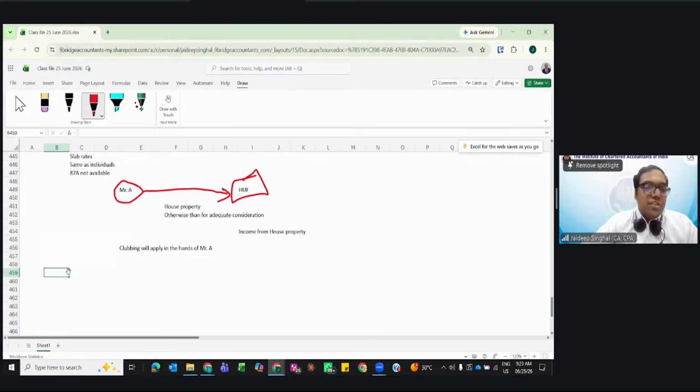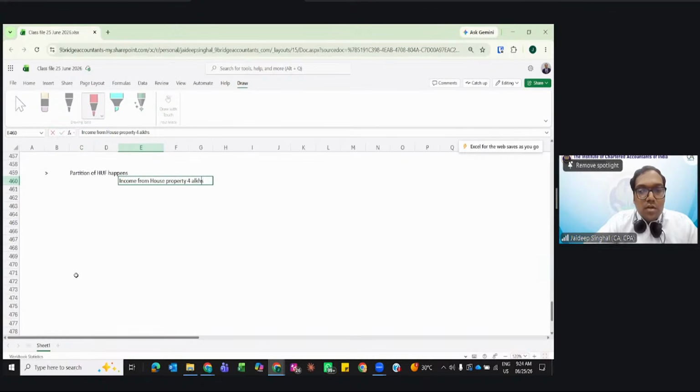Next case is of partition of HUF. Let's suppose the partition of HUF happens. If the partition of HUF happens, there will be income from house property of 4 lakhs.